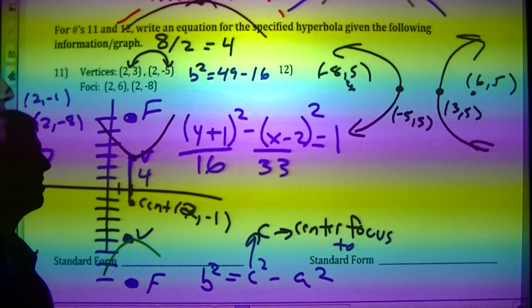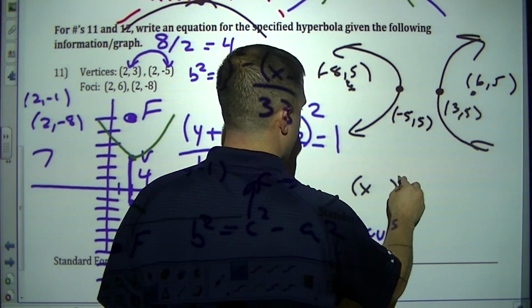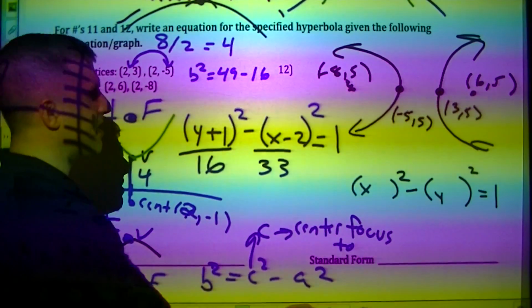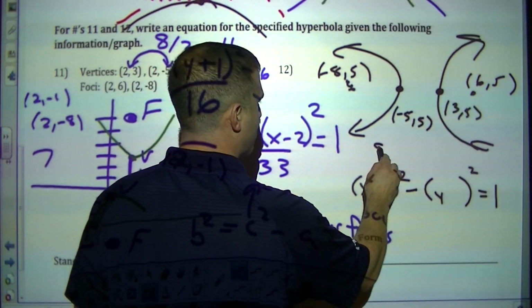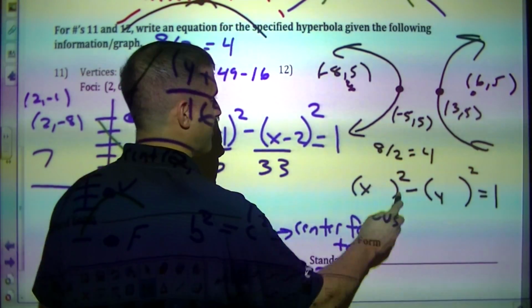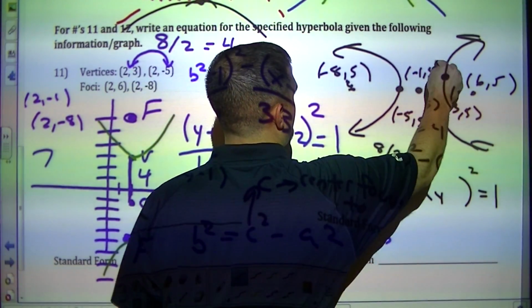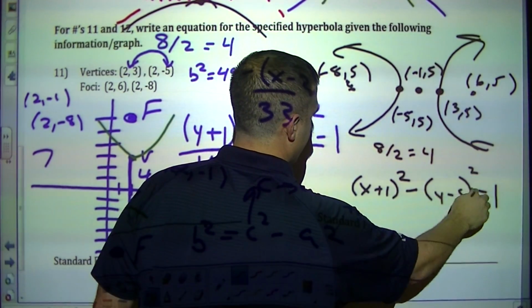Since that's going this way, that's going to be my x squared one, so x squared minus y squared equals 1. Now, -5 to 3 is 8 spaces, divided by 2 would be 4 spaces. So I'm moving 4 spaces this way, which would put me at -1, 5. So that's x, that's going to be 1. That's y, it's going to be -5.